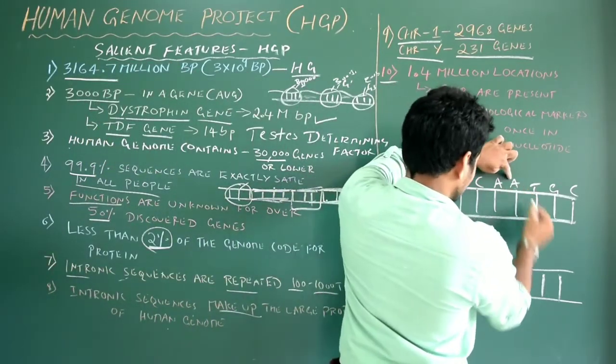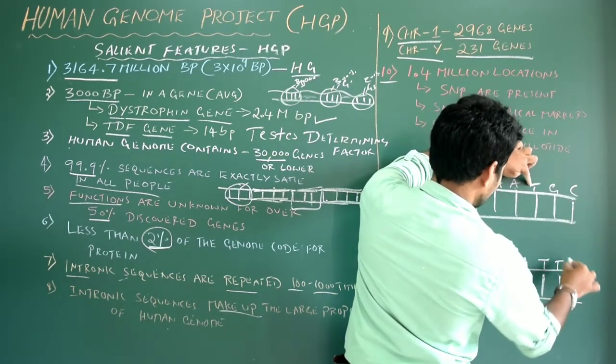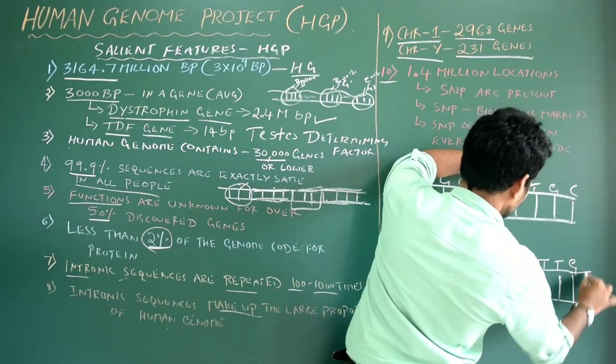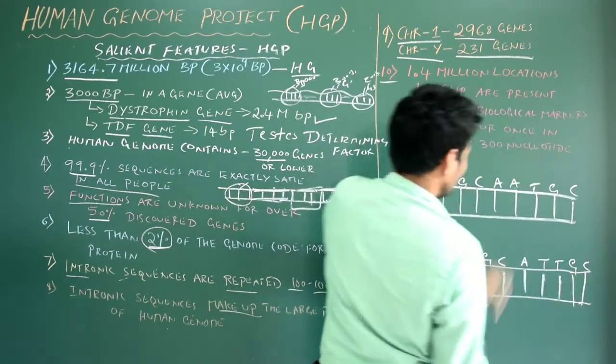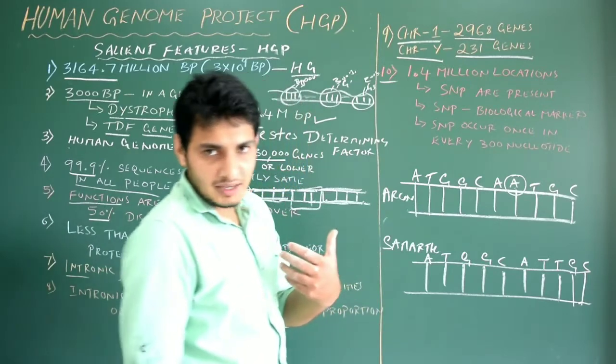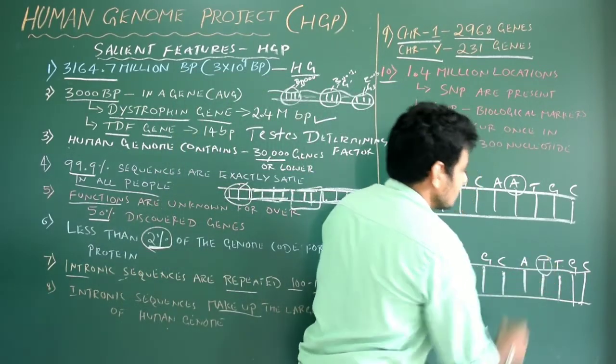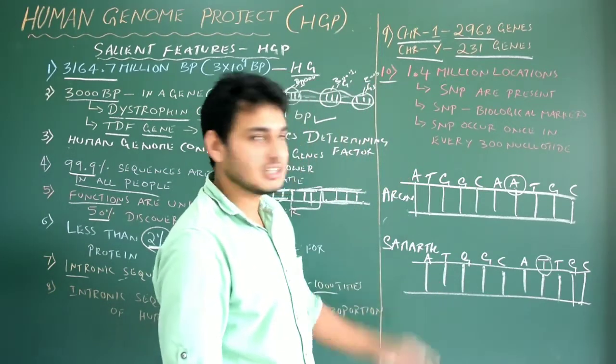Here A is there. Let me change it to T, and here T is there, G is there, and here let me write one more base pair, that is C. So in my genome, A is there, and here, instead of A, it is T in the case of Samarth Pujari's genome.